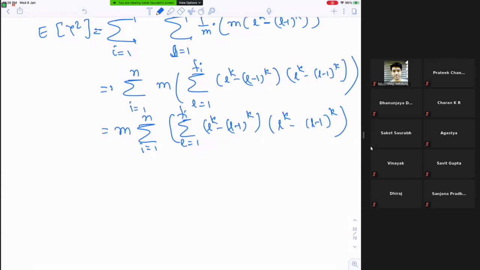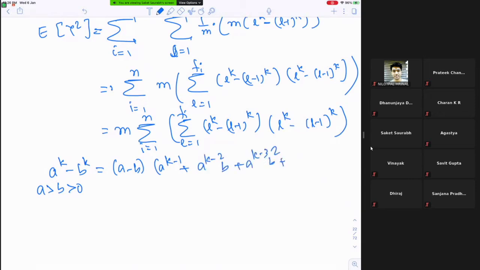Now, this is the following inequality we have. A^k minus B^k, but this only holds for A greater than or equal to B greater than or equal to 0. A^k minus B^k we can write as (A minus B) times (A to the power k minus 1, plus A to the power k minus 2 times B, plus A to the power k minus 3 times B squared, and so on and so forth, up to B to the power k minus 1).